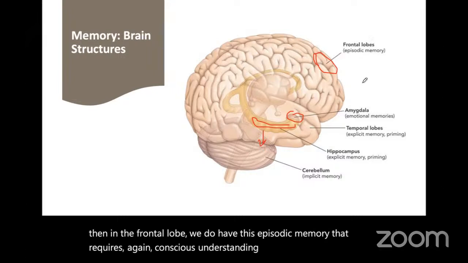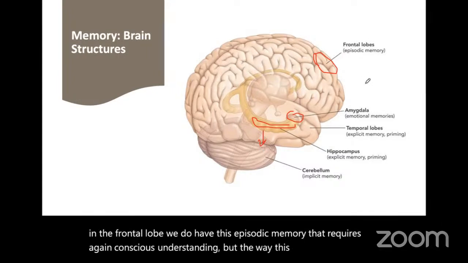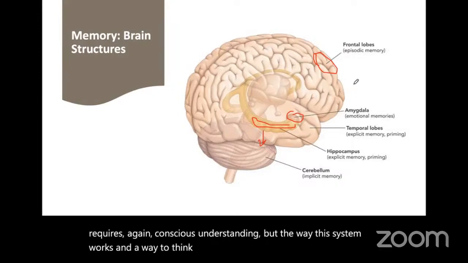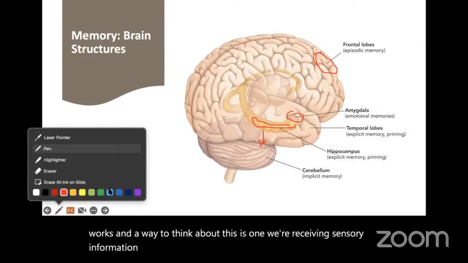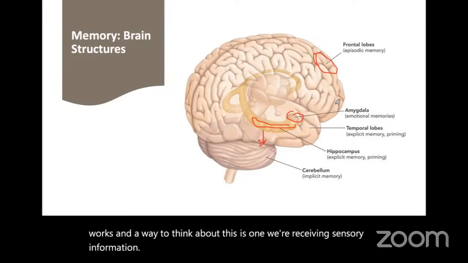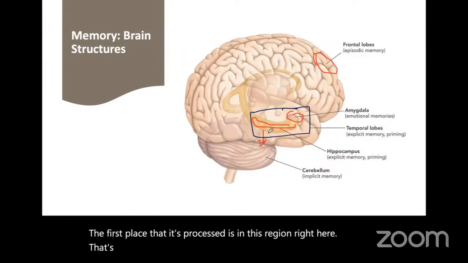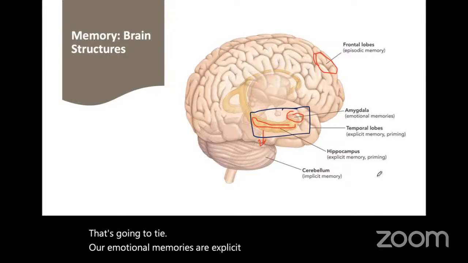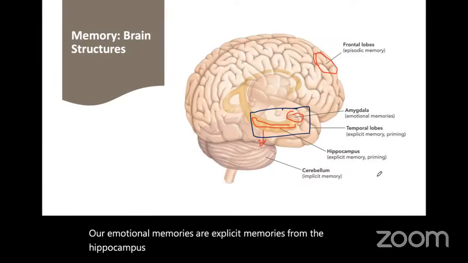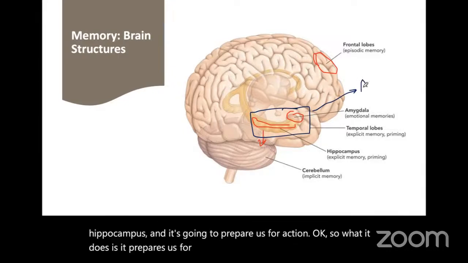But a way to think about how this system works is that when we're receiving sensory information, the first place it's processed is in this region right here. That's going to tie our emotional memories and our explicit memories from the hippocampus, and it's going to prepare us for action, okay?